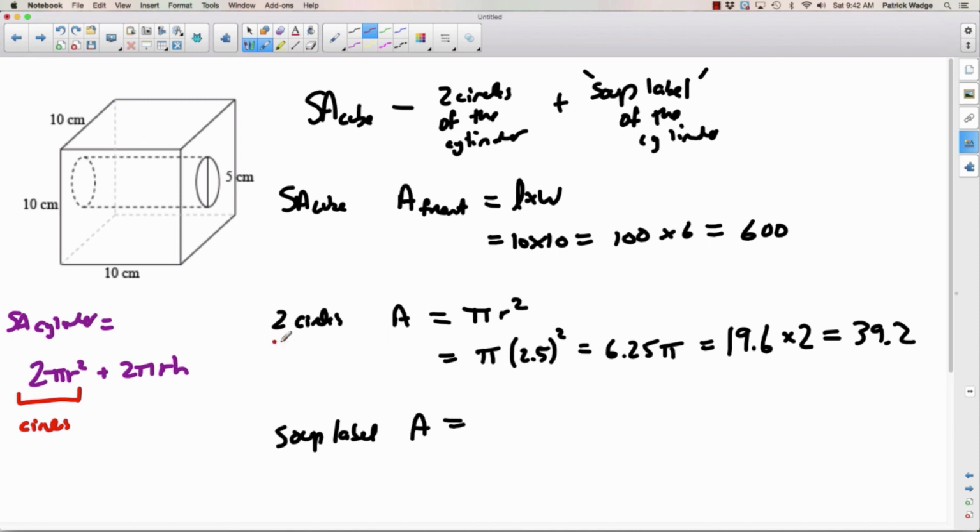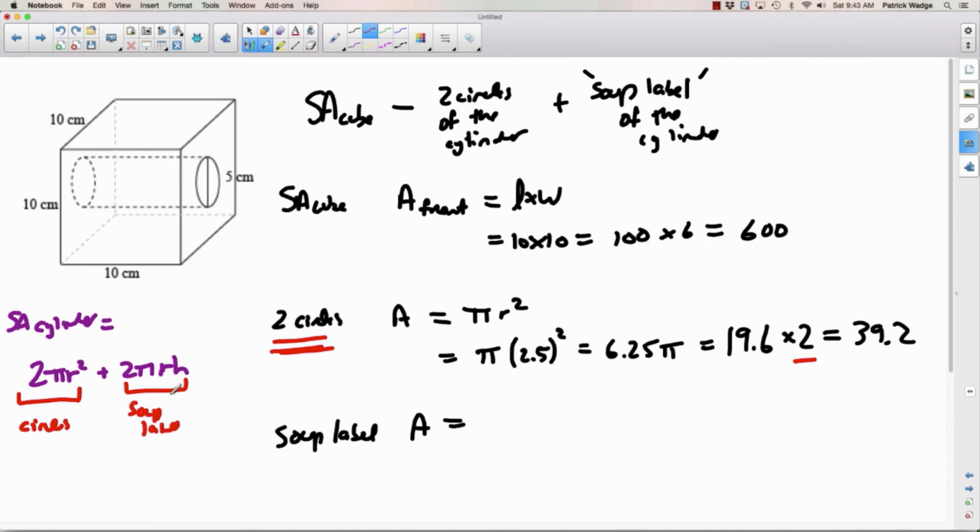So here, when we found the two circles, this is what we did. We did our pi r squared and multiplied it by 2. We did 2 pi r squared, basically. I should have done it like that, I suppose. But I just wanted you to understand the circle, and I did it this way. Anyway, so we had to take that amount away, and then this is your soup label right there.